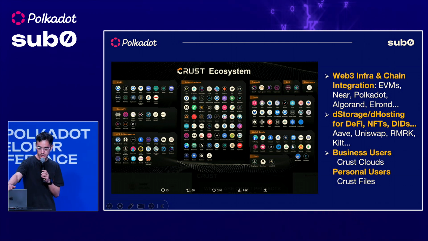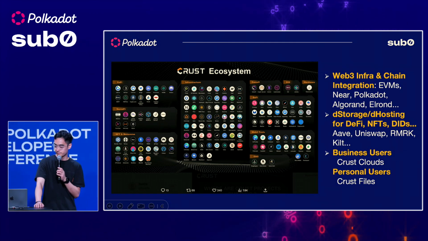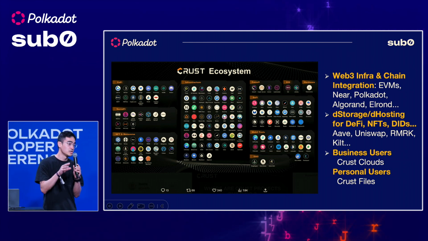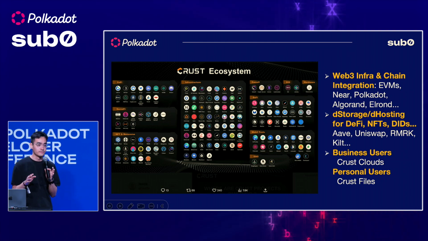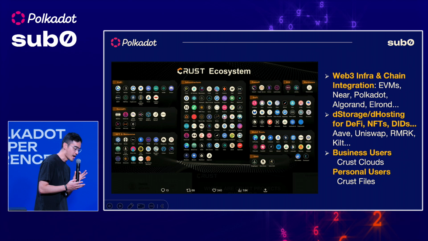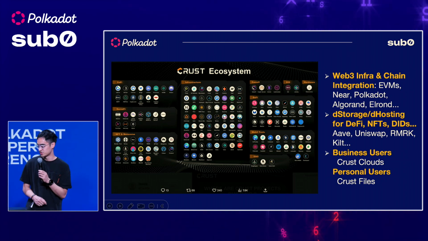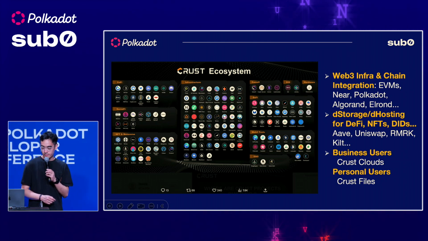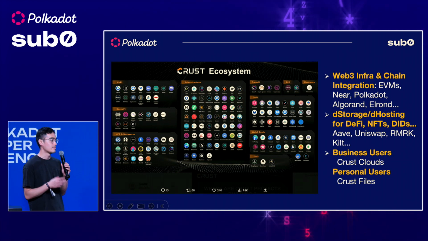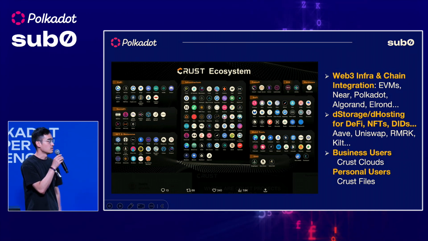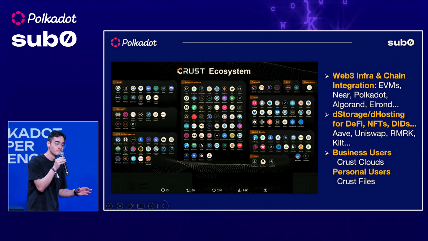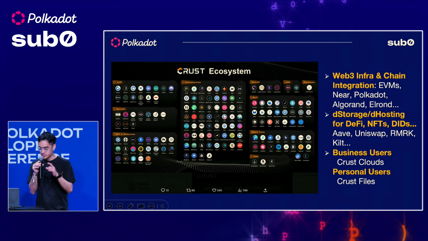We are also a very good solution for decentralized hosting and storage, especially for static data, like the front end of a DeFi application, and the metadata of NFTs, DIDs and social files. For business users and personal users, we provide user interface applications: Crust Clouds for business users, and Crust Files, just like a personal disk based on on-chain storage and IPFS, for personal users.